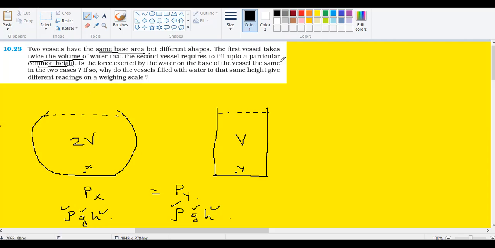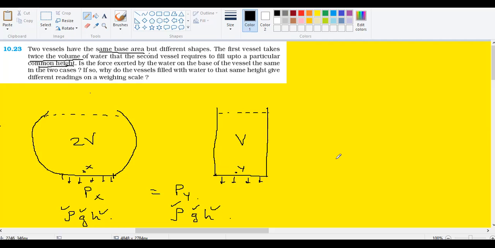They said common height. The language here is a bit confusing. Maybe they should have said same level. They said particular common height, meaning the height is same. Which means to say that the pressure at this point and the pressure at this point are same. The area is also same. They said the base area is same, which means the force acting here has to be the same.